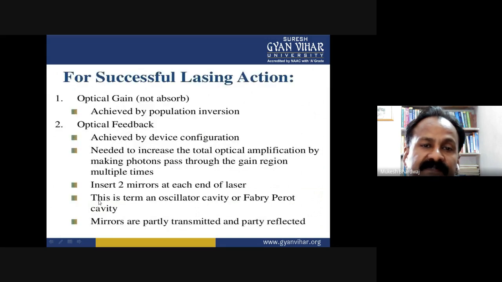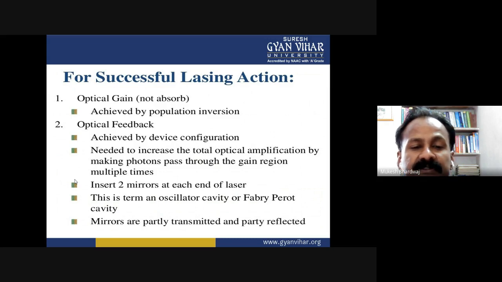For successful lasing action, optical gain, not absorption, must be high, achieved by the population inversion. So once optical gain is achieved, optical feedback, achieved by device configuration, is needed to increase the total optical amplification by making photons pass through the gain region multiple times. Insert two mirrors at each end of the laser.